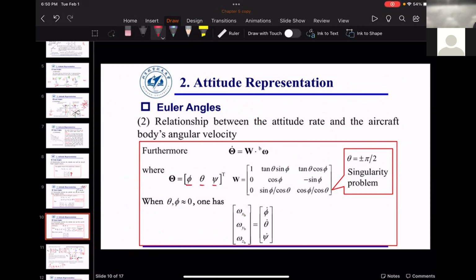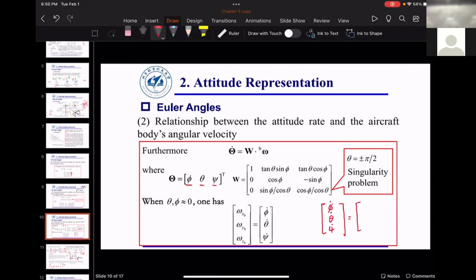Capital theta is just a matrix. Capital theta has 3 parts. Capital theta is a vector. Let me show you something like this. What this means is you have roll rate, pitch rate, yaw rate.